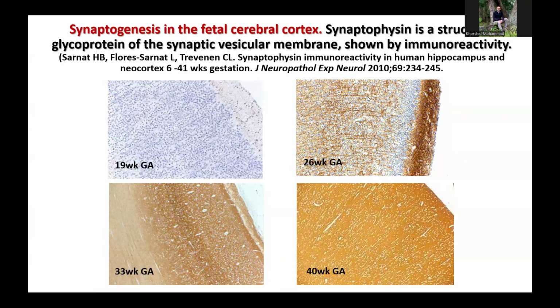And these vertical lines that you see are thalamocortical projections to the cortex. By 33 weeks, we see synapse formation in all layers of cortex, but the greatest number of synapses are seen in the deep layer of the cortex and in the molecular zone. And by term, the synapse formation is fairly uniform throughout the cortex.